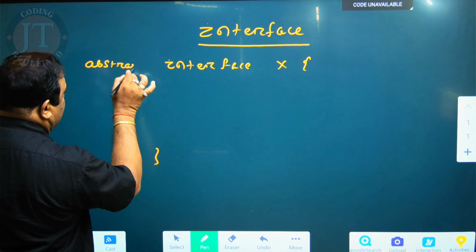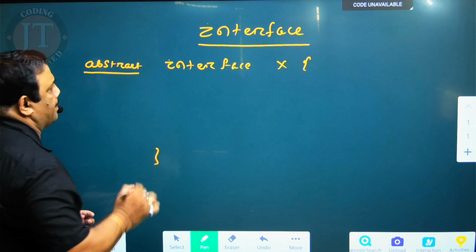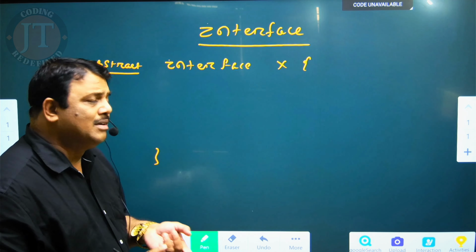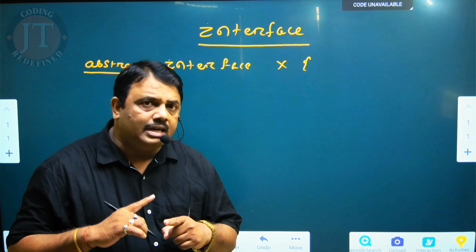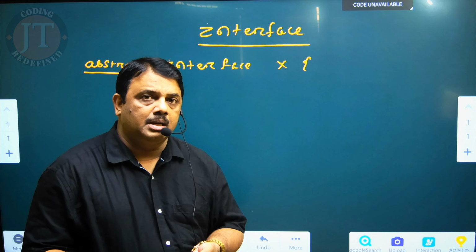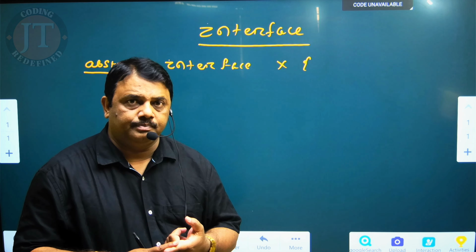And whatever methods are declared within an interface are implicitly public and abstract.